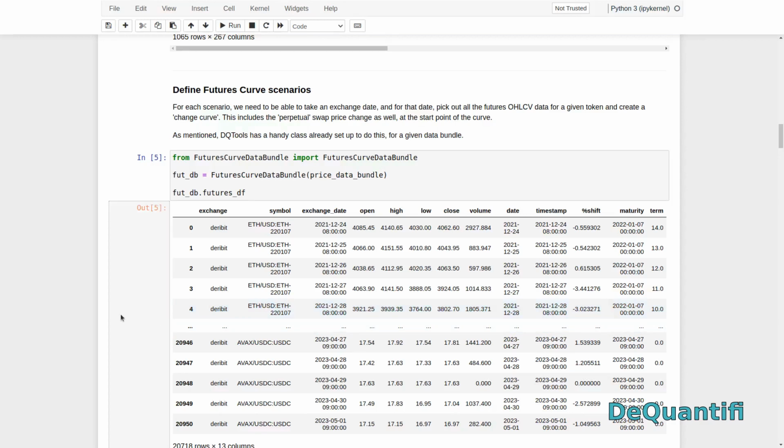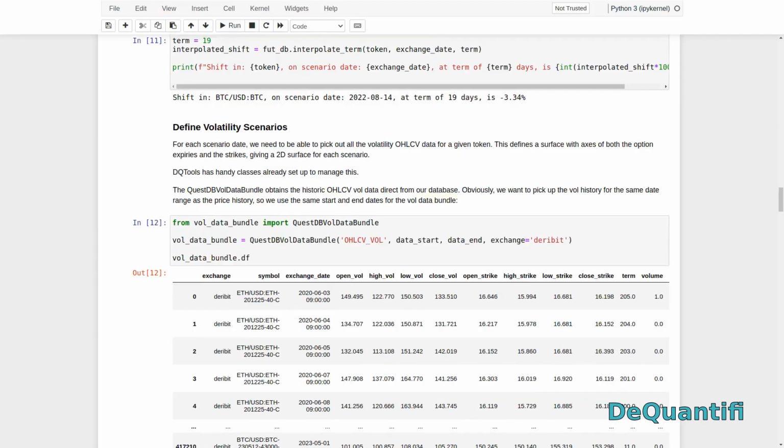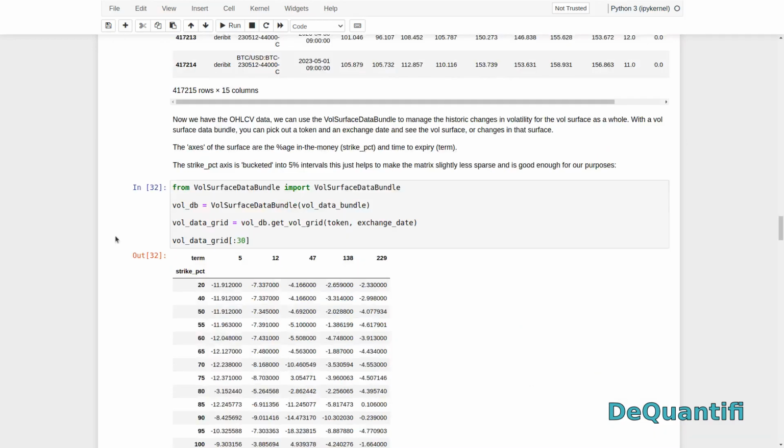For the VaR analysis, we need to be able to apply the historic curve shifts to our current market data set. And we do this by multiplying the historic curve shift as a percentage change to our current futures curve. For volatility, we have a similar situation in that DQTools provides a volatility data bundle with historic implied vol data, along with a vol surface data bundle to assist with the construction of historic vol surfaces.